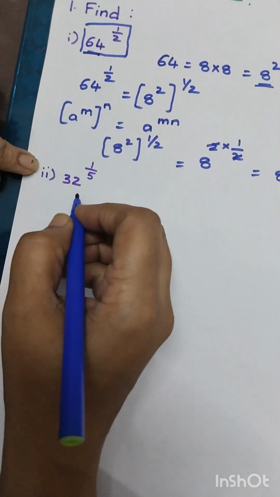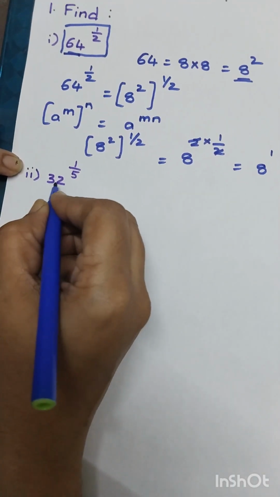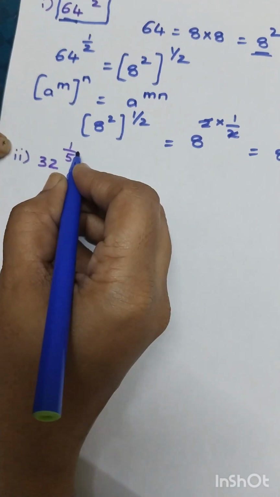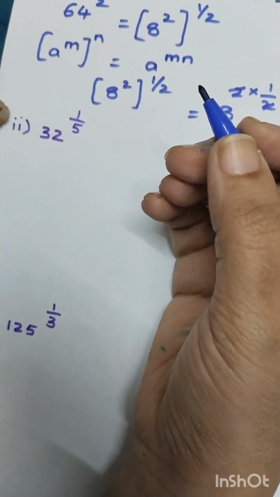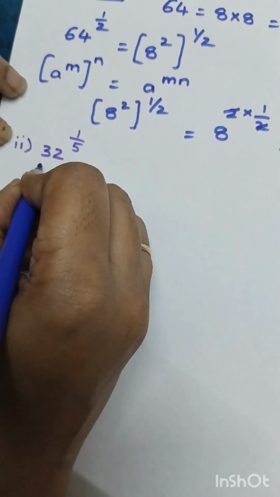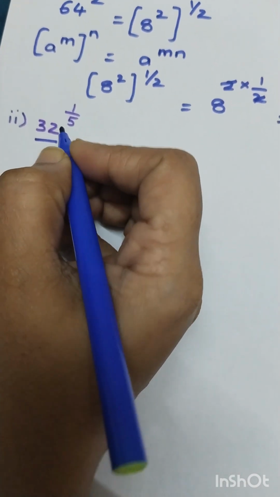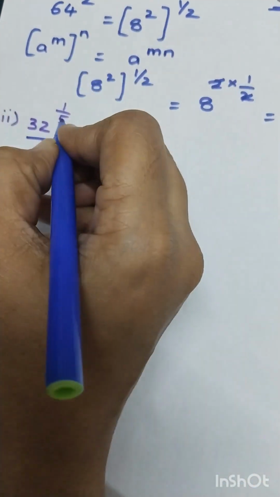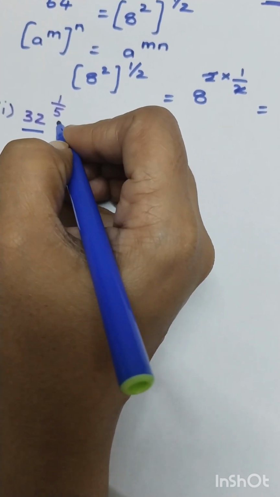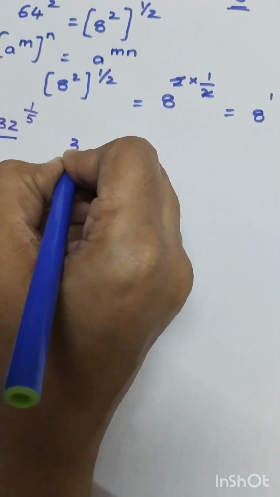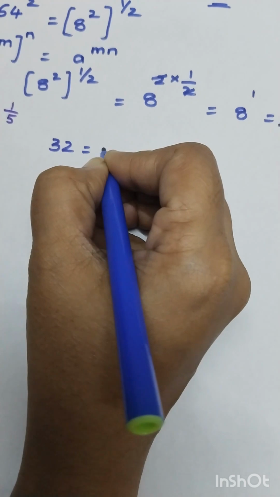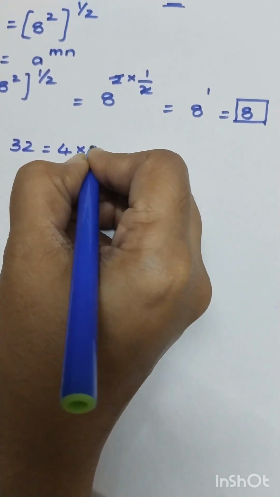Now we are going to solve the next question, that is 32 power 1 by 5. As discussed earlier, let us see if we can write 32 as a number to the power of 5, so that we can solve it easily. 32 can be written as 4 into 8.